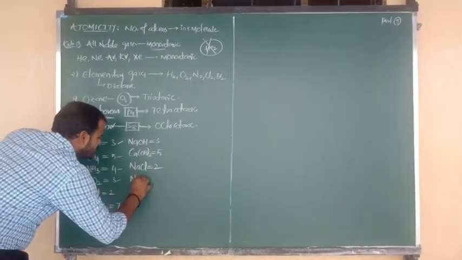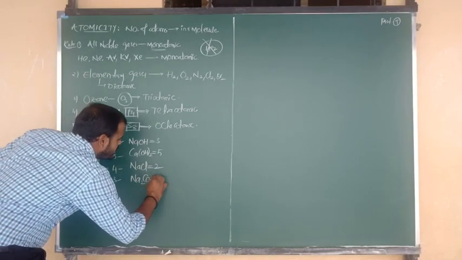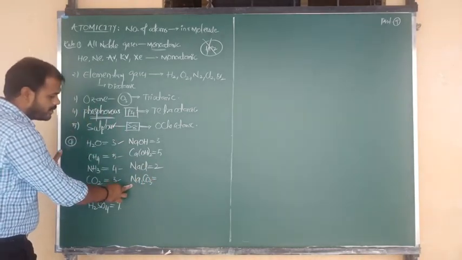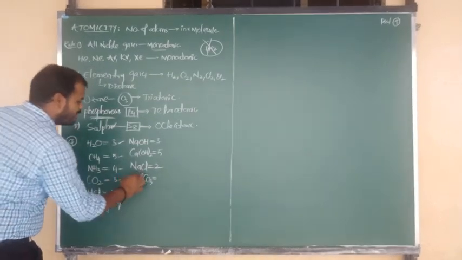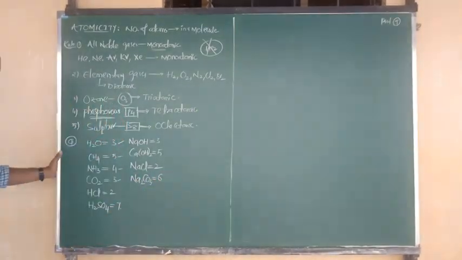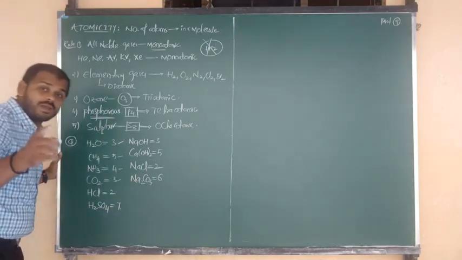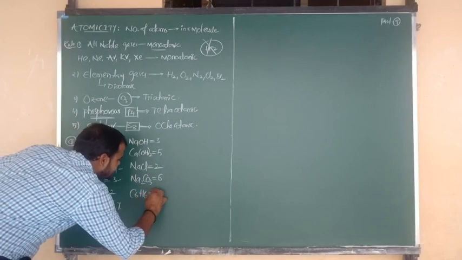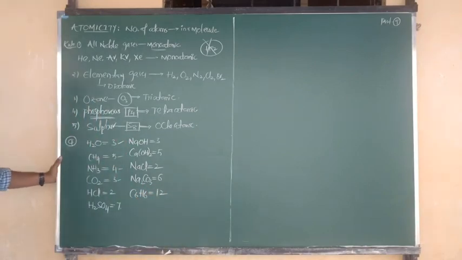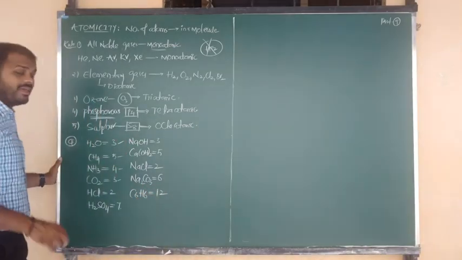Next is sodium carbonate, Na2CO3: 2 sodium, 3 oxygen, 5, plus carbon, total atomicity 6. What is the formula of benzene? Benzene formula is C6H6, so total atoms are 12.